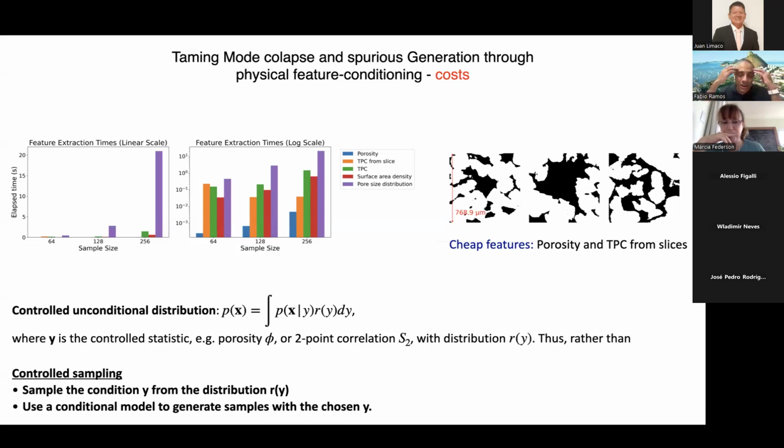You can come up with any physical feature, and then I can sample from this physical feature and then sample the rock conditional on it. We could choose any Y that you can calculate. We chose porosity, and we are doing this conditional sampling with something that is easy to calculate. This is the sort of idea we're practicing.